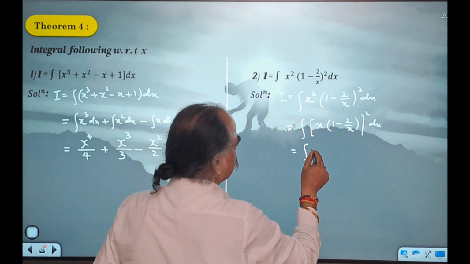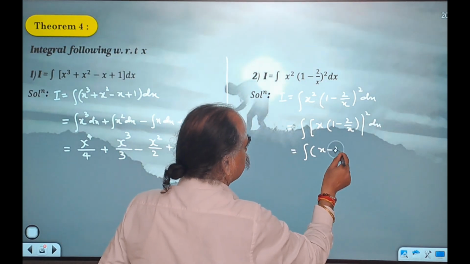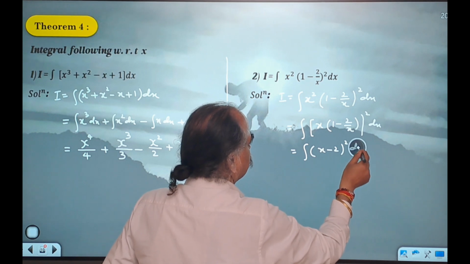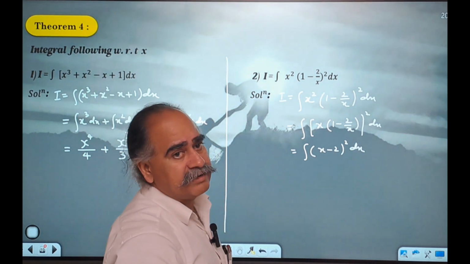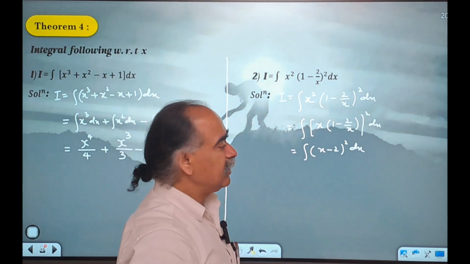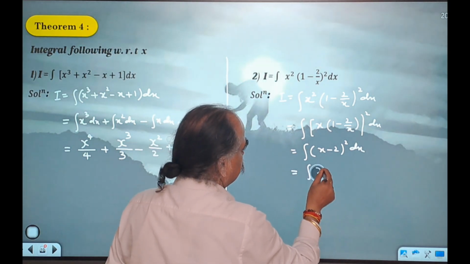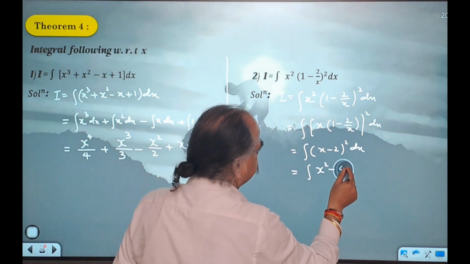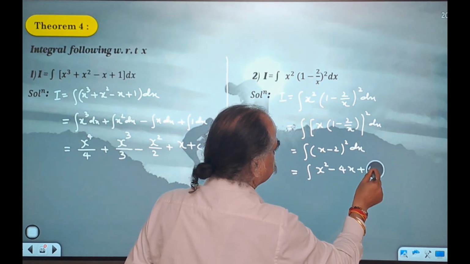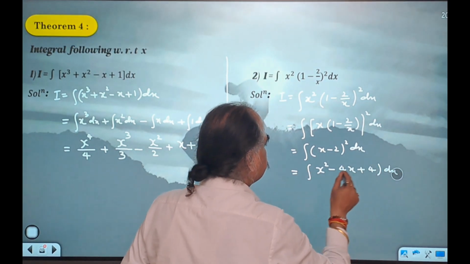On multiplying, you'll get x minus 2. We can use the linear integration formula or directly expand it: x square minus 4x plus 4 dx.